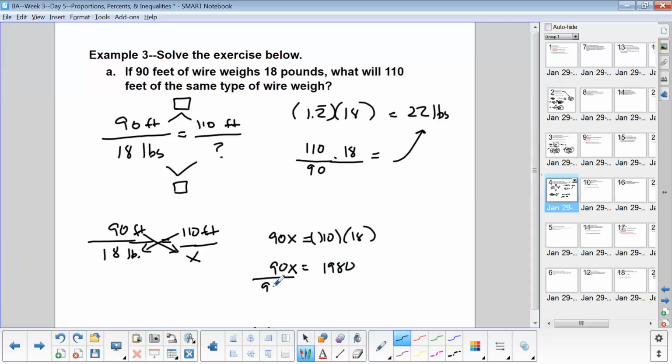Well, if I divide by 90, then I'm going to get x to equal 22. So I get the same thing as I did before. One I can set up as a cross product, or if I understand the multiplier piece, I notice I set feet to pounds, so this has to equal feet to pounds when I'm doing the comparison.